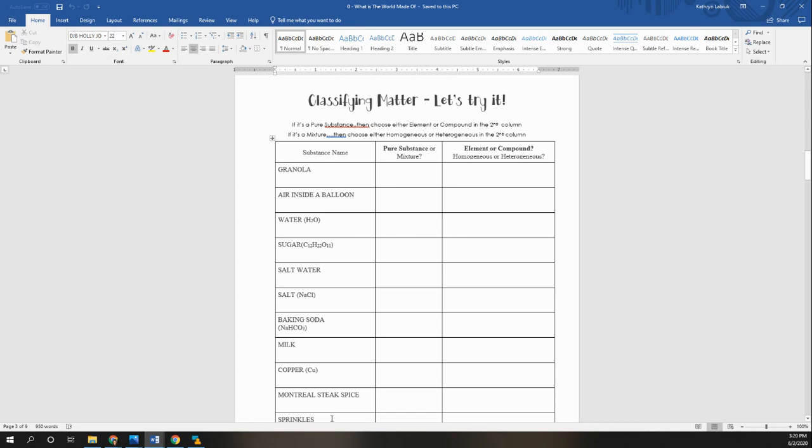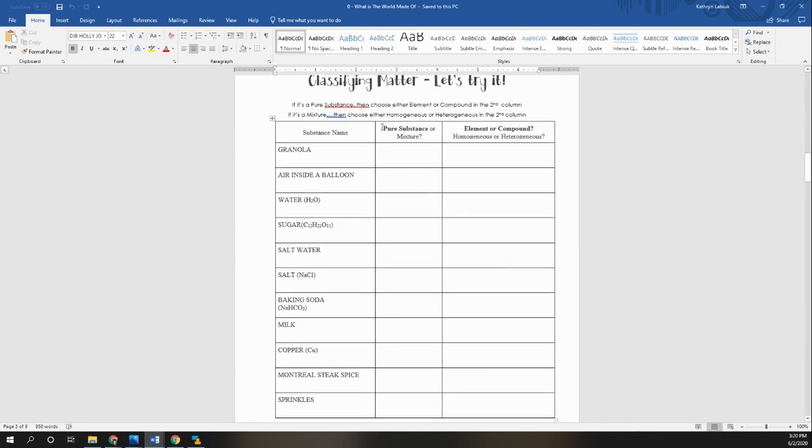On the left side, it has a bunch of substances, and you have to determine if it's a pure substance or a mixture and an element or a compound. So if you choose pure substance, then in the next column, your choices are either an element or a compound. Or if you think it's a mixture, your choices are then homogeneous or heterogeneous.